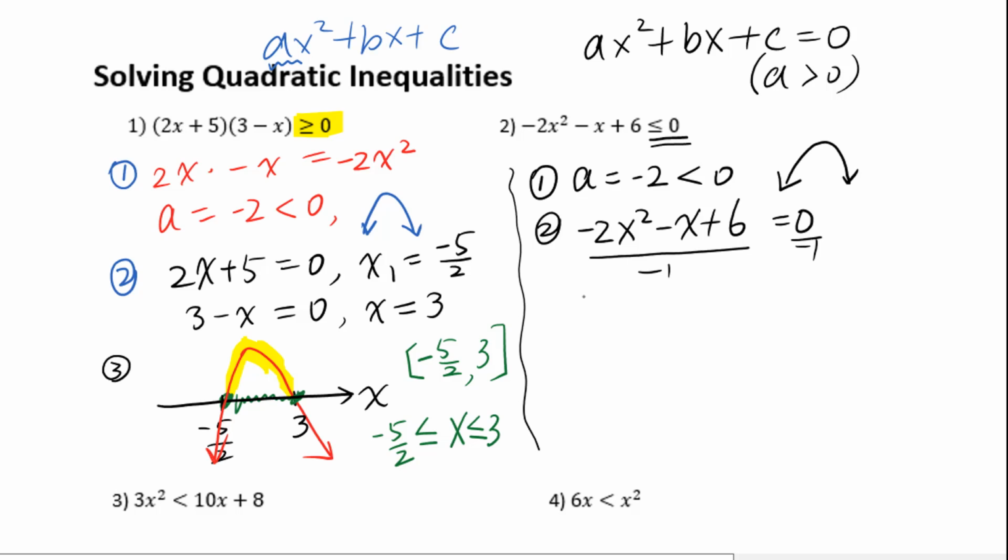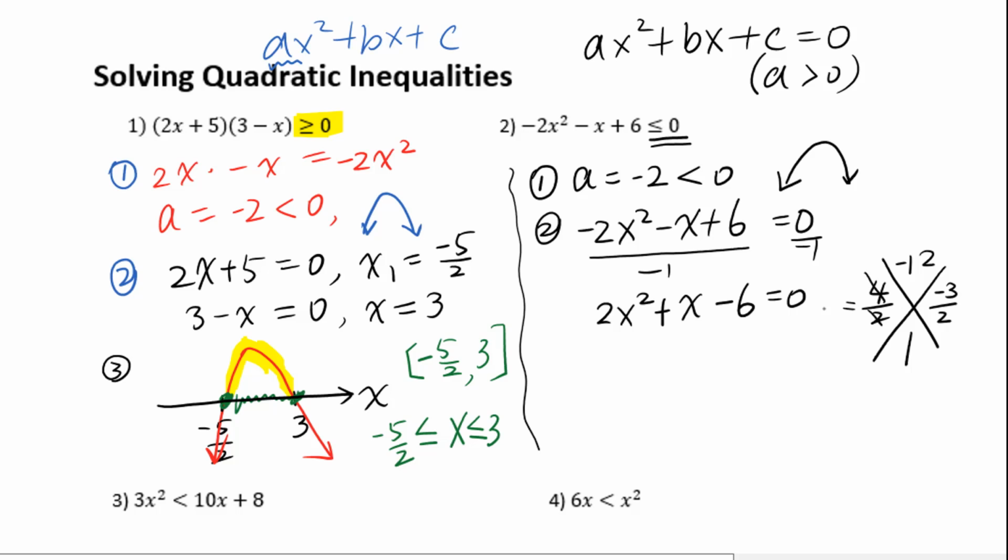You will get 2x squared plus x minus 6 equals 0. Then linear x. 2 times -6 is -12, positive 1 over 2 over 2. So we have a 4, -3. Reduce. You will get 2 over 1.